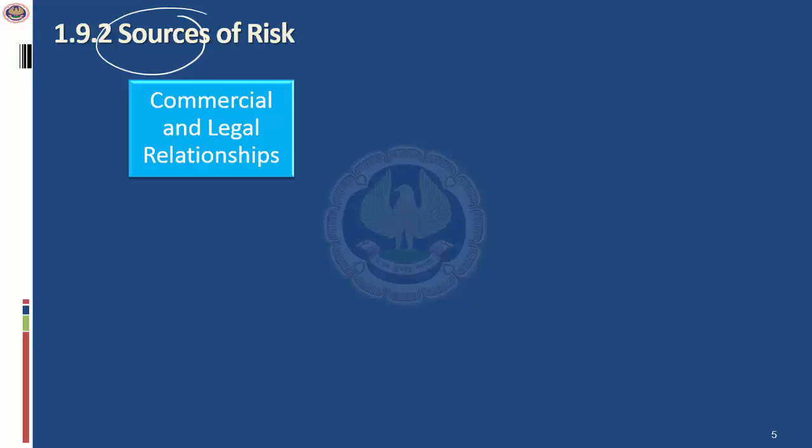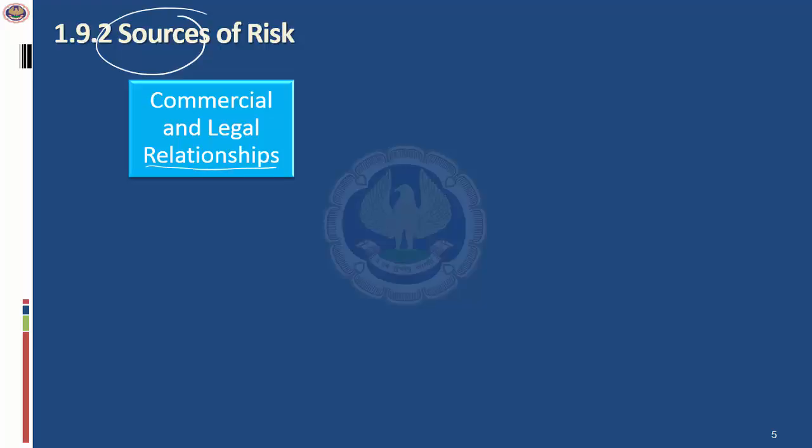Now let's go to the source of risk. Where does the risk emanate or originate? The risk could emanate from multiple factors. One, it could be from the commercial and the legal relationship. The entity is entering into different types of contracts, which means there are relationships because of which you may have risks.